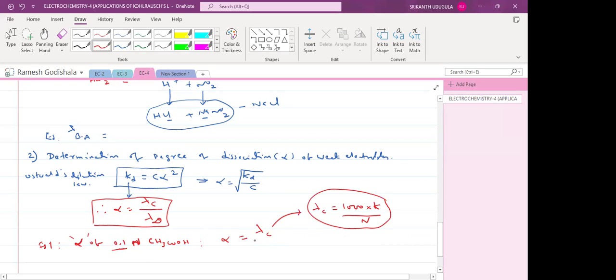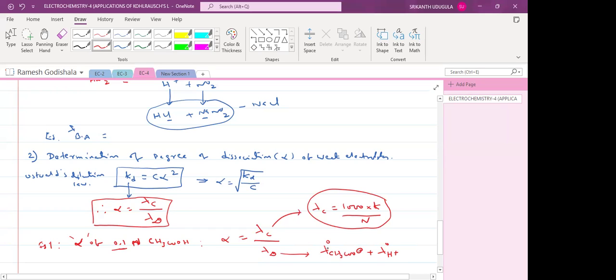So, what is lambda infinity? According to Kohlrausch law, it is lambda 0 of CH3COO minus plus lambda 0 of H plus. Lambda 0 and lambda infinity of acetic acid are the same, so don't confuse the student.